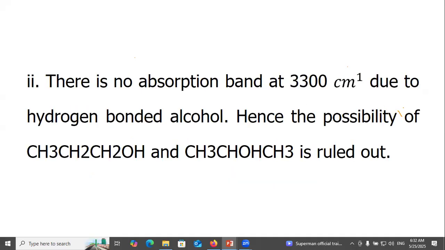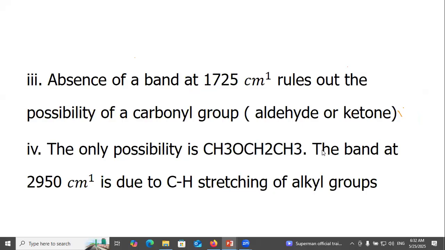There is no absorption band at 3300 per cm due to hydrogen bonded alcohol. Hence, the possibility of CH3CH2CH2OH, that is 1-propanol, and 2-propanol is ruled out. Absence of band at 1725 per cm rules out the possibility of a carbonyl group, aldehyde or ketone.